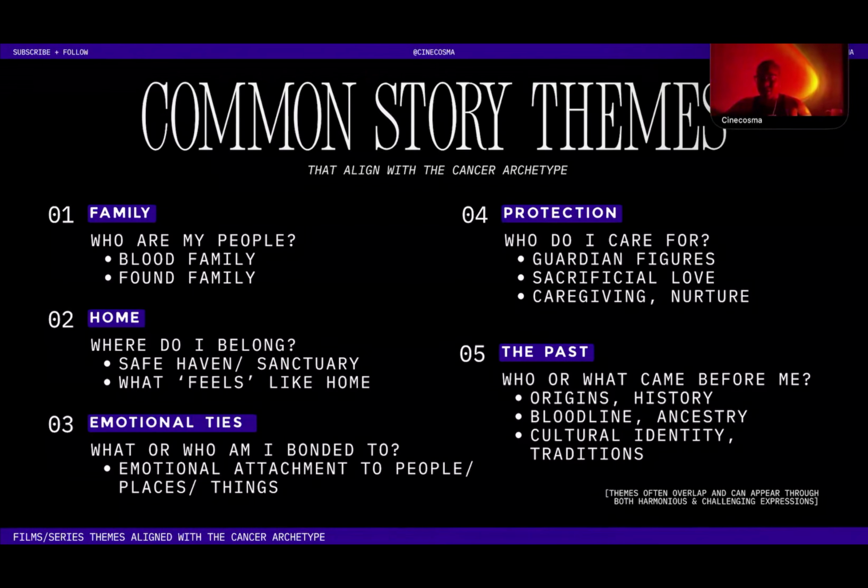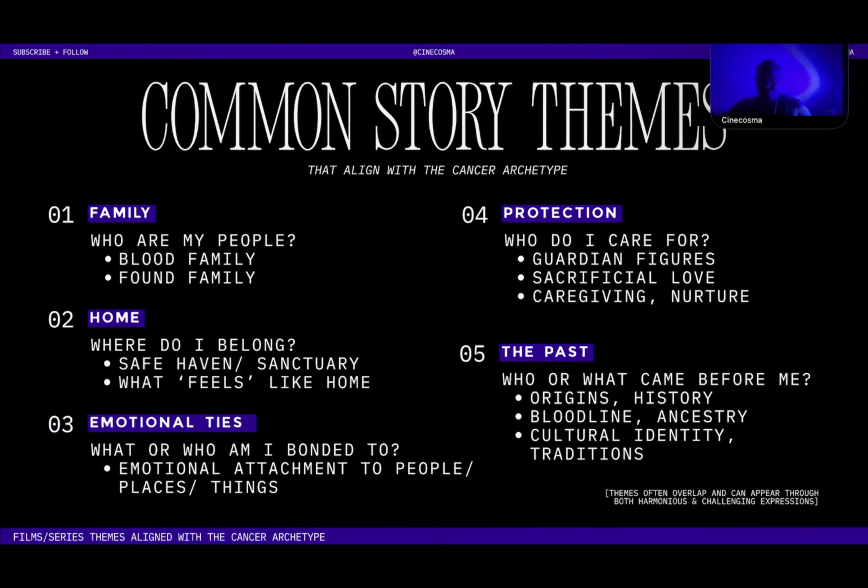Everyone has somewhere where their bloodline started. And then it's also cultural identity and traditions. Through history and through your ancestry, culture and traditions are built, and that is a huge part in everyone's history and ancestry and bloodline. So that still falls under Cancerian territory.